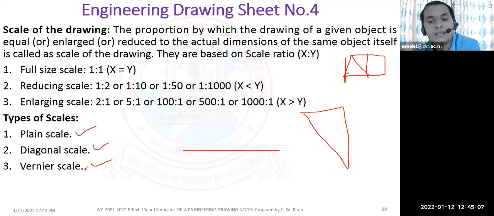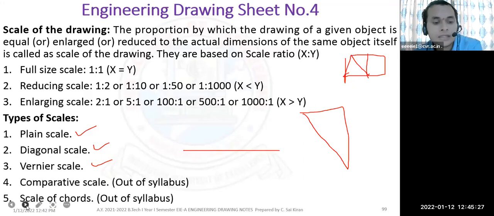Next is the vernier scale, generated by Paul Vernier, a mathematician. Based on this, vernier calipers have been generated, so it uses the vernier calipers principle.